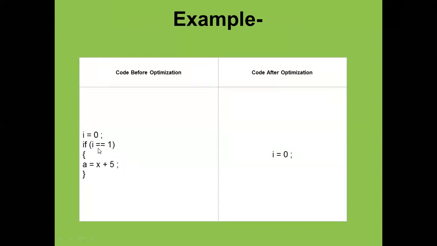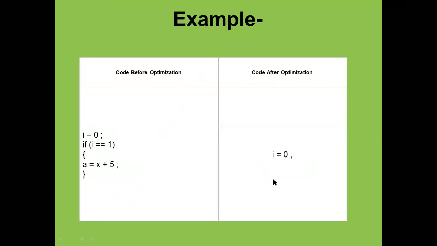Then if i is equal to 1, a is equal to x plus 5, what? It is irrelevant. Why are we going to define this? This has no dependency over this. Even though we have already defined i is equal to 0, so it will remain 0. So instead of this, we can write only i is equal to 0.